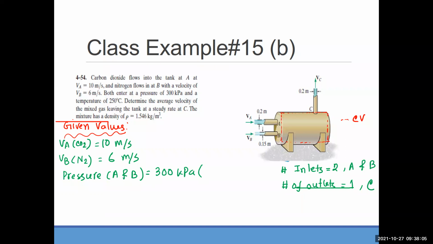Since they didn't mention anything, we will consider that as gauge pressure, okay? Because if it was absolute, they would mention that this was the absolute pressure. So I will make a note here that this is the gauge pressure, okay?